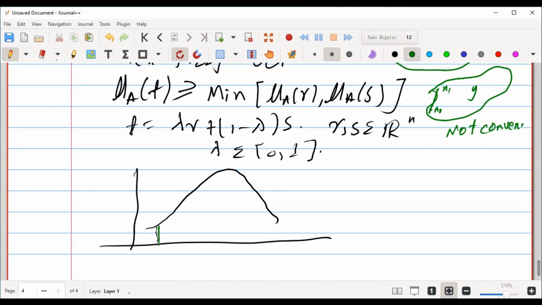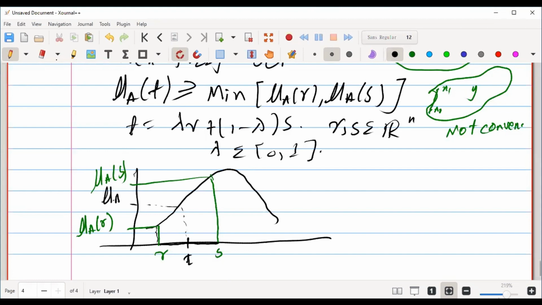This is point R, and this is point S. The point R has membership function mu A of R, and the point S has corresponding membership function mu A of S. If I take any point T between R and S, the membership function corresponding to T is mu A of T. If mu A of T is greater than the minimum of mu A of R and mu A of S, then we say that the graph is convex, or the function is convex.